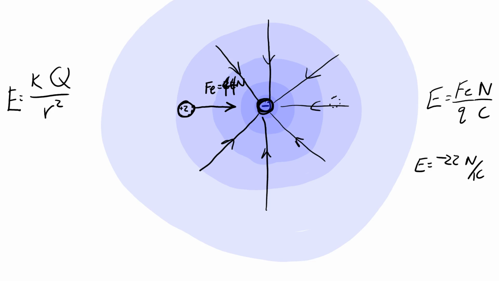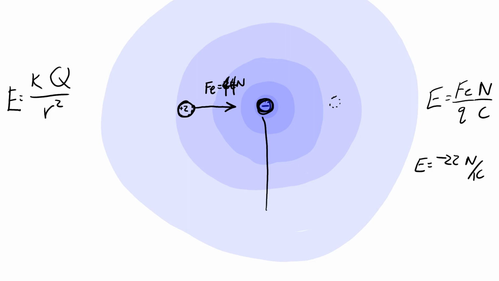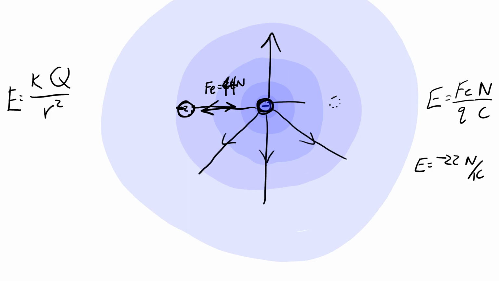However, if you made this a negative test charge, then the negative test charge wouldn't be attracted to this negative object. So this is now a negative charge. Negative is repelled by negative. And you would have a completely different looking electric field line than everybody else.